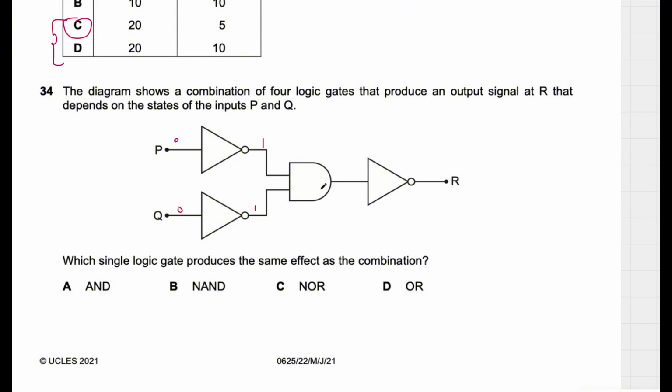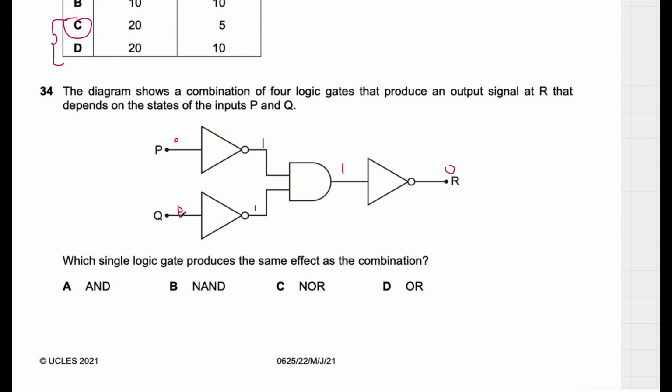If 1 and 1 go into the AND gate, you get 1. If 1 goes into the NOT gate, you get 0. Which single logic gate produces the same effect as the combination? Okay, let's try 0 and 1.